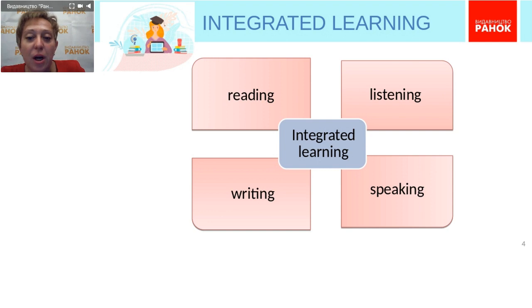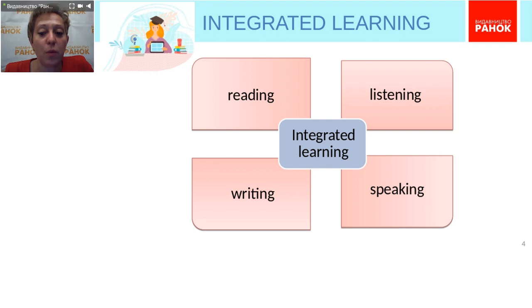When we teach our pupils, we do not teach them only reading or only listening or writing or speaking. Our lessons usually have all these skills, and we use exercises to develop all these skills during one lesson. So we can say that our lessons are really integrated. And so when the pupils come to school for the first time, they need to listen to our speech and try to understand it.